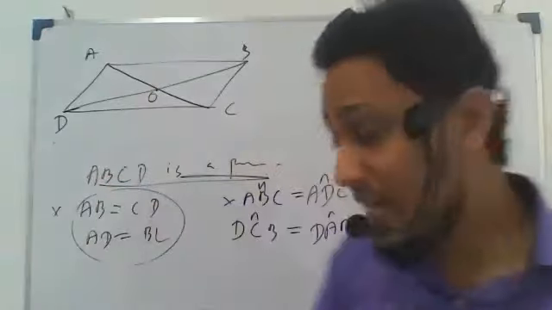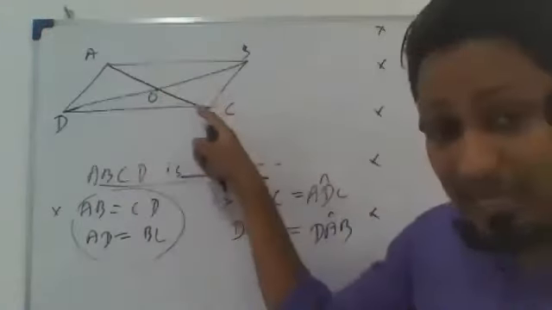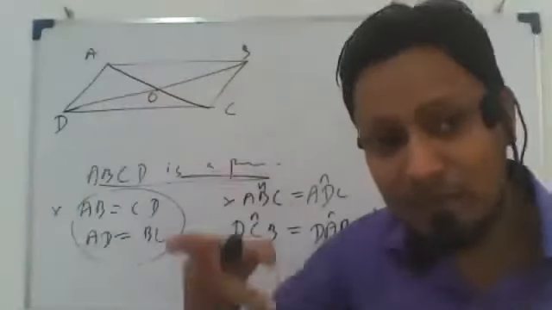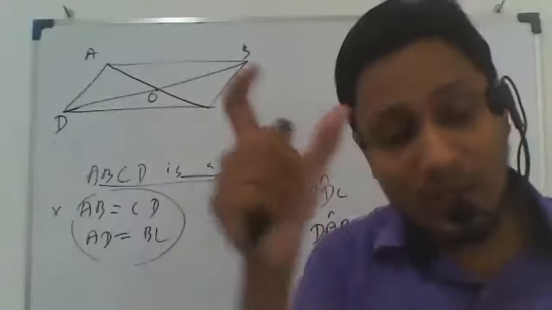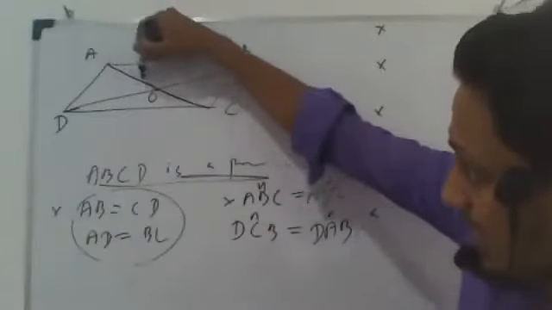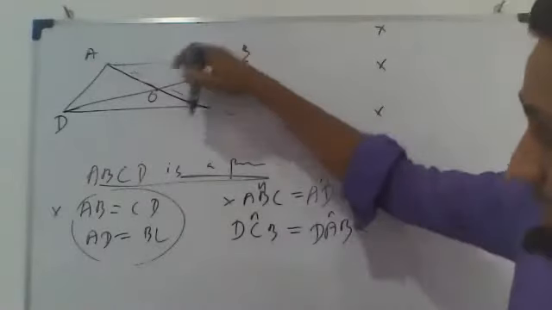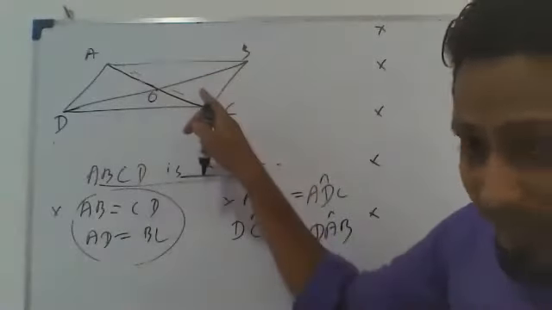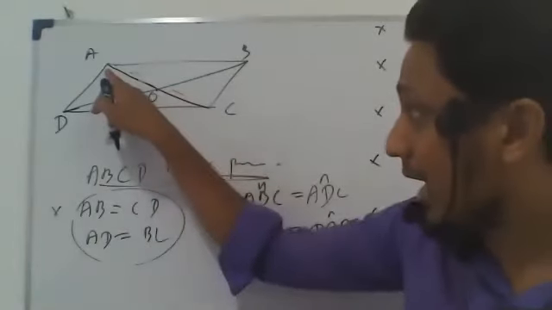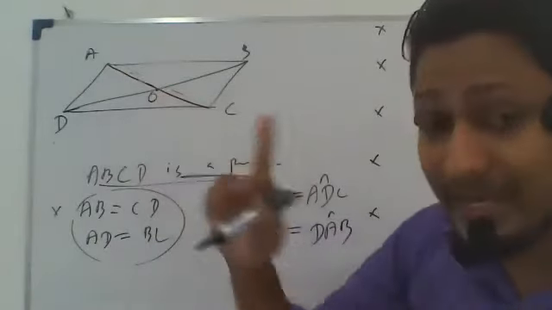Now tell me, if this diagonal cuts the other one into 2 equal parts, which parts are equal? In this AC diagonal, BD cuts it into two equal parts. So tell me, AC diagonal divided into two parts, AO and OC, is what?